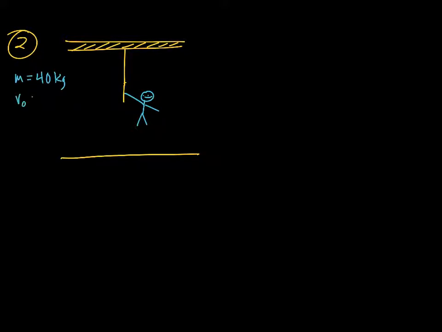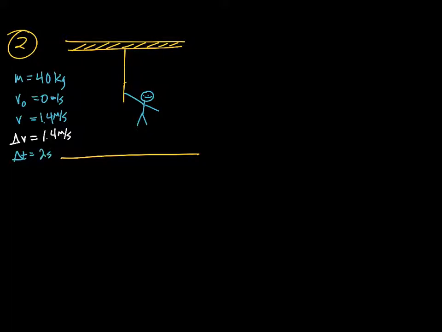Speed initially was 0. Speed final was 1.4 meters per second. So my change in speed is 1.4 meters per second. We're told that the time involved with that speed change was 2 seconds.